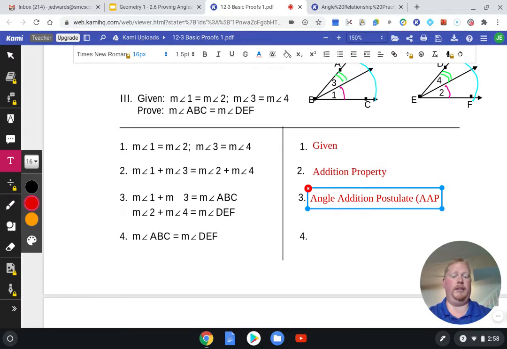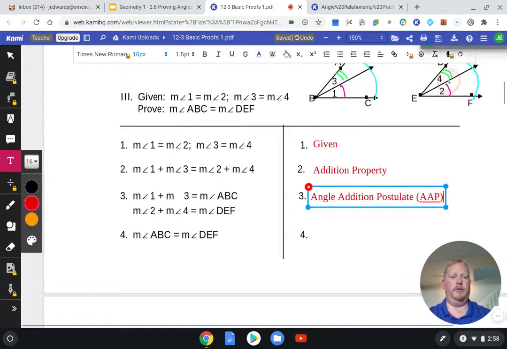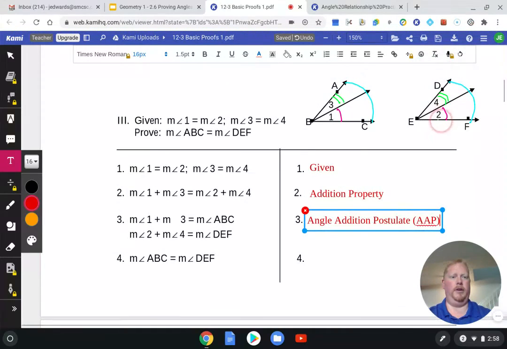And again, if you want to take the shortcut and call it AAP, I'm fine with that. Now this other statement, angle 2 plus angle 4 equals angle DEF. This little pink angle plus the little green angle equals the whole big blue angle. That's still the same thing, angle addition postulate.